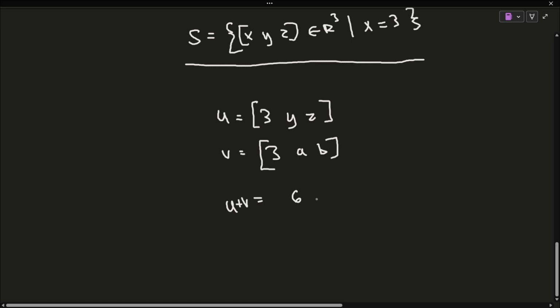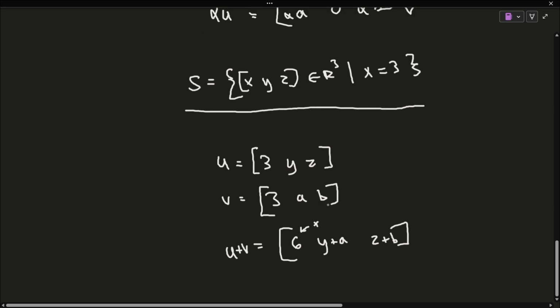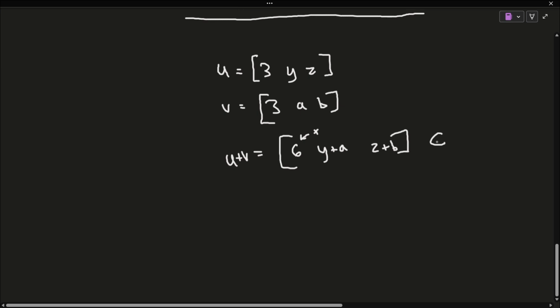So we're going to get 6, Y plus A, and then Z plus B. And something you can see here is that in our X spot, this is no longer a 3, which means it will not belong to S.